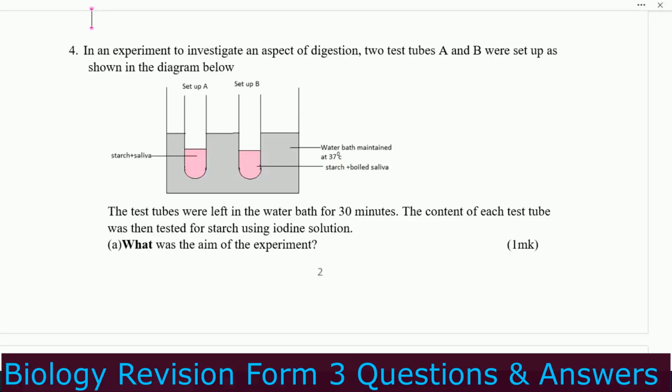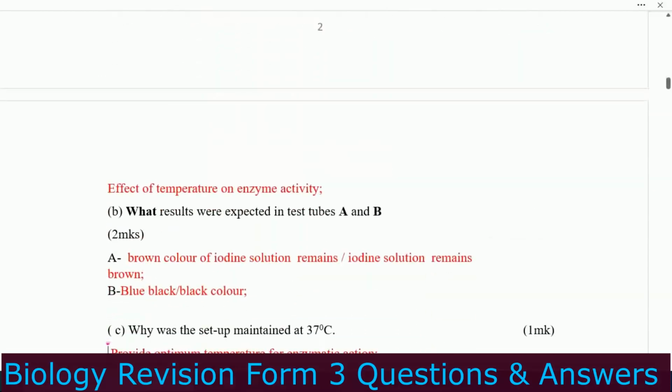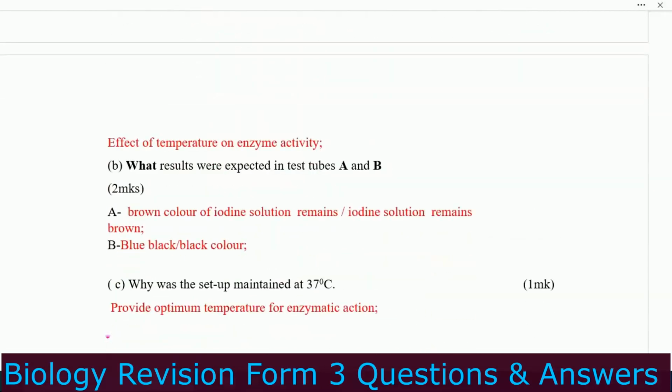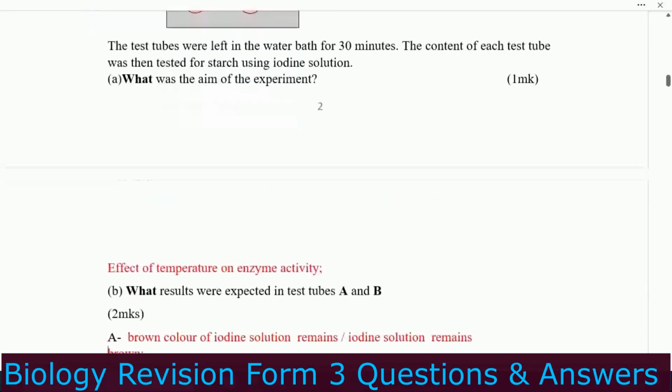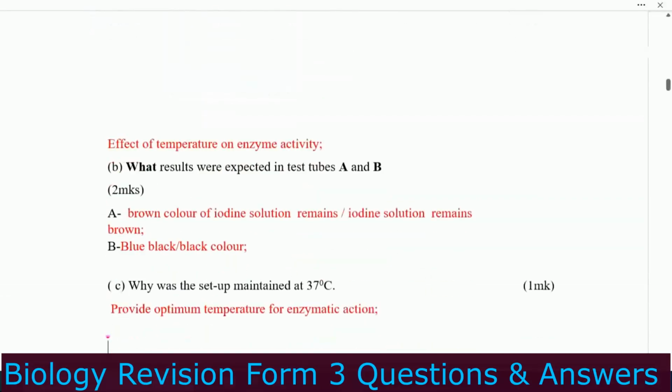What was the aim of the experiment? Why do you think these people set up this experiment? It was to look at the effect of temperature on enzyme activity. B, what results were expected in test tubes A and B? Write in the comment.